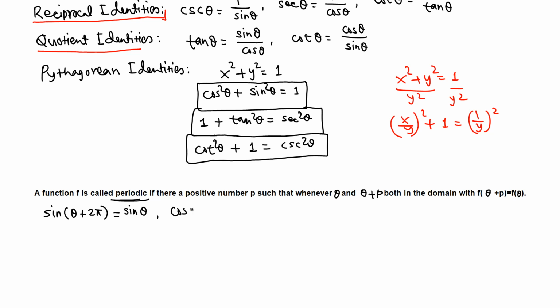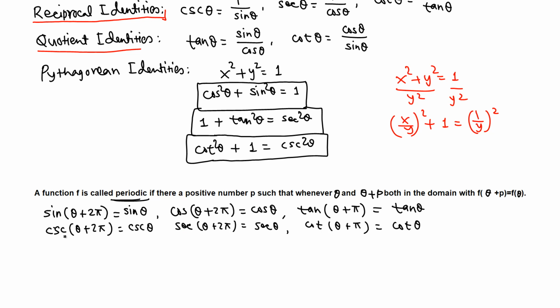And cosine, same thing, cosine theta plus 2 pi is also cosine theta, but for tangent it's shorter. If we go only pi, then the values will be the same, tangent theta. And this is similarly for cosecant, same as sine, secant same as cosine, cotangent same as tangent.